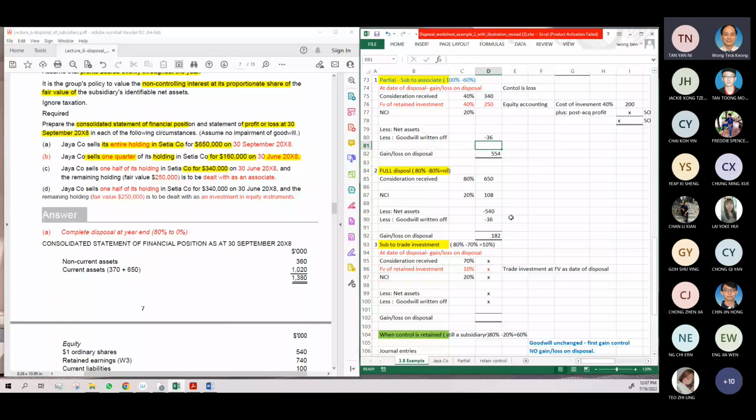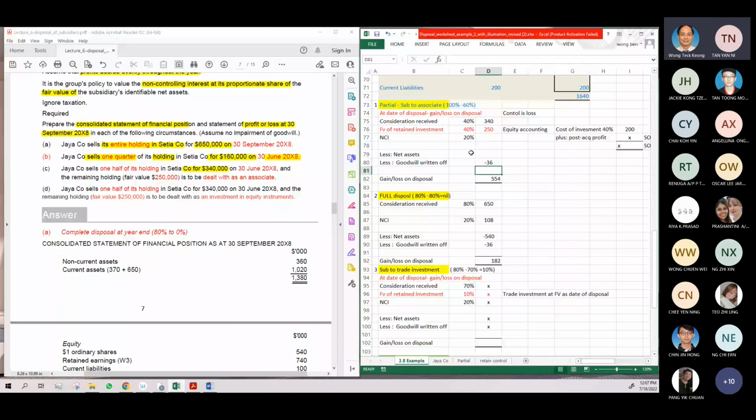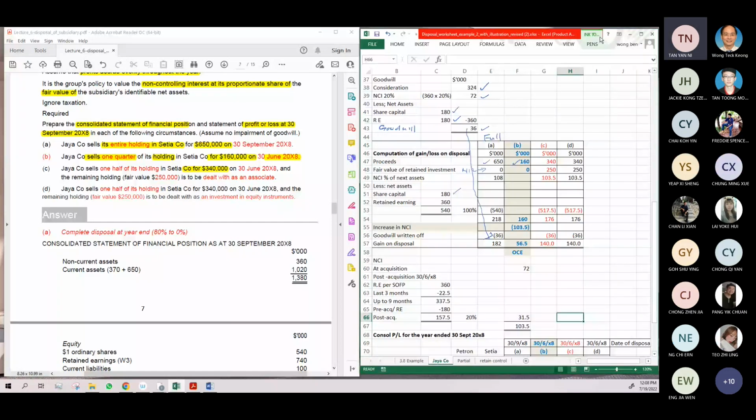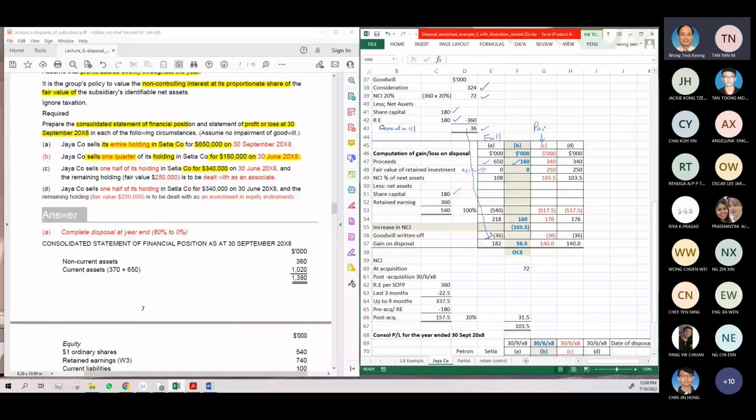So you use that partial, then you come to here. This is number C, this is partial. You have the proceeds of 340 given here, the remaining 250, and the NCI we just computed, 103.5, which is 20%.